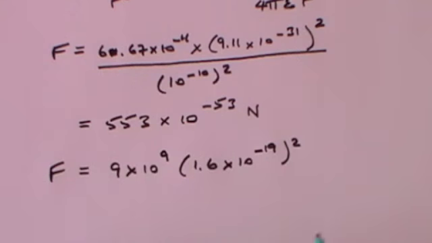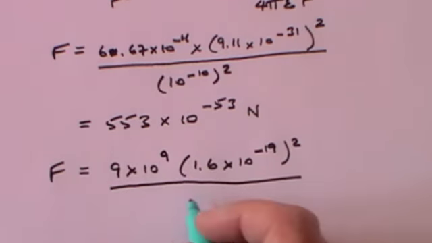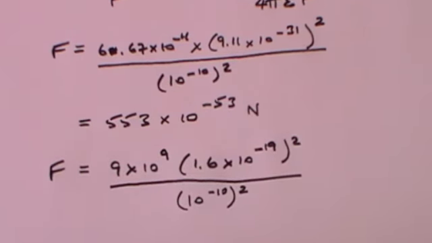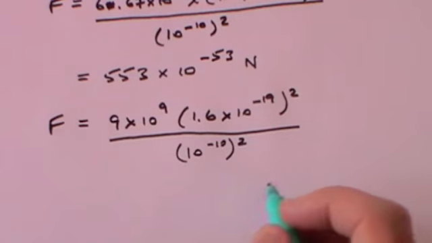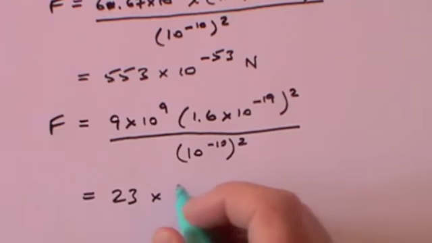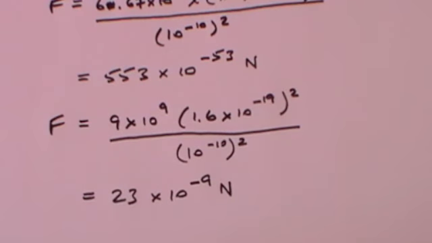You'll usually be given that information too. Divided now just by the distance between them squared. Well, the distance was 10 to the minus 10, and that's squared. And that's going to be in newtons, of course. And if you calculate that, you should get 23 times 10 to the minus 9 newtons. And that, of course, will be a repulsive force because it's between two like charges, the two electrons.